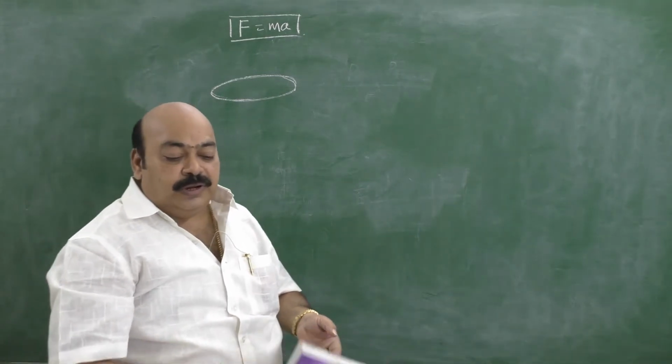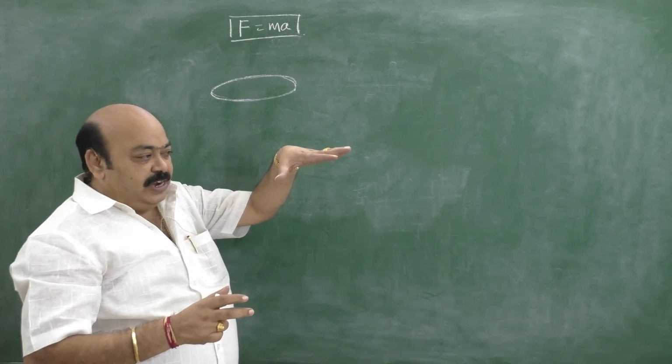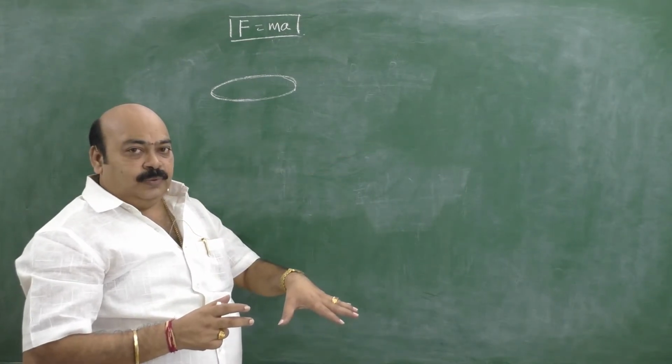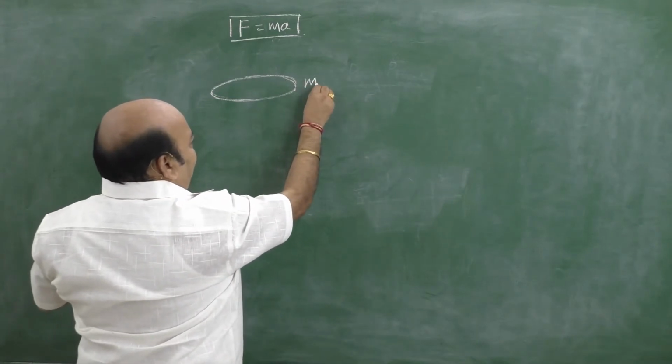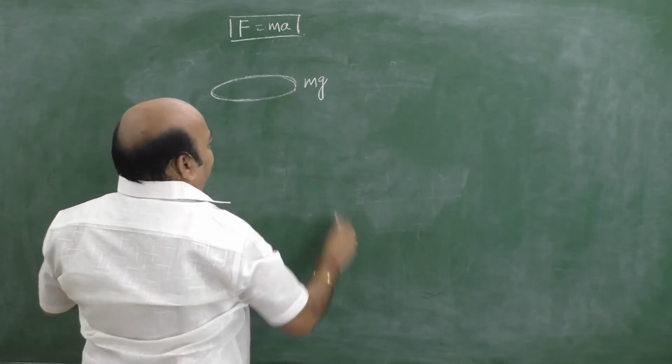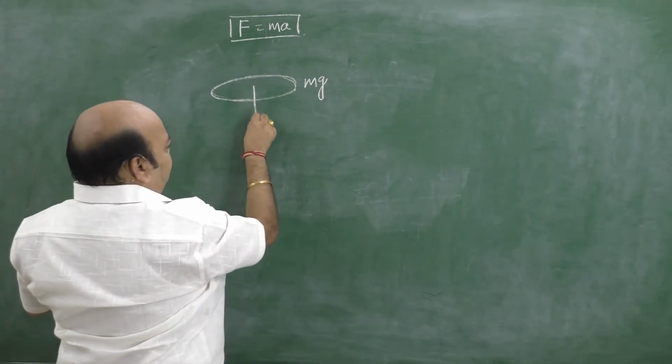What I am going to use is a very simple concept, Newton's third law. The weight of the body acts downward, which is nothing but mg. If m is the mass of this plate, its weight becomes mg, which acts vertically downward.